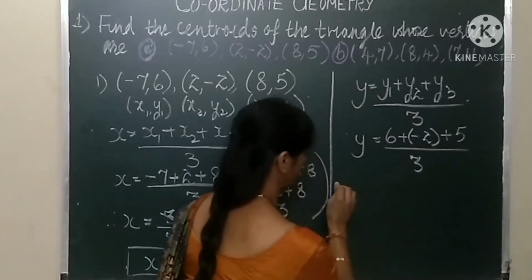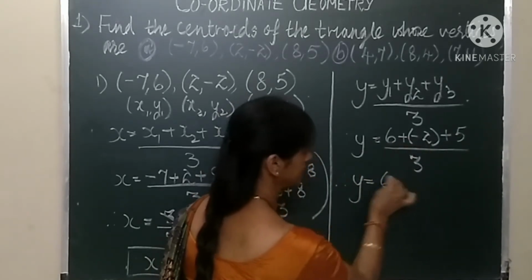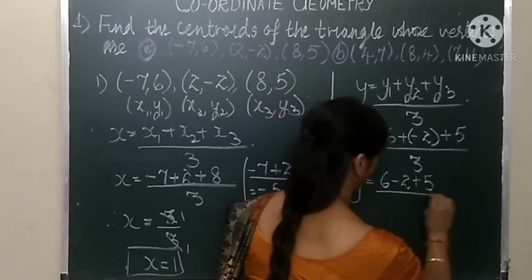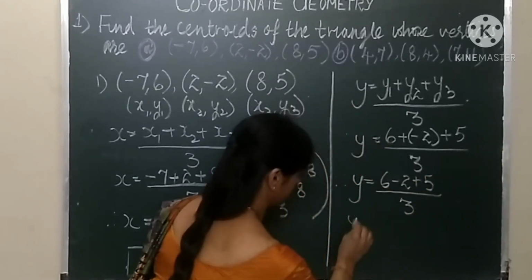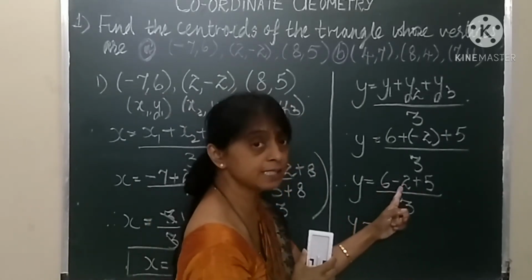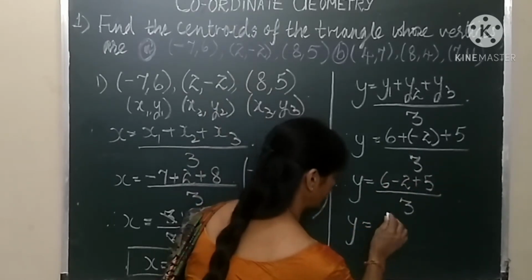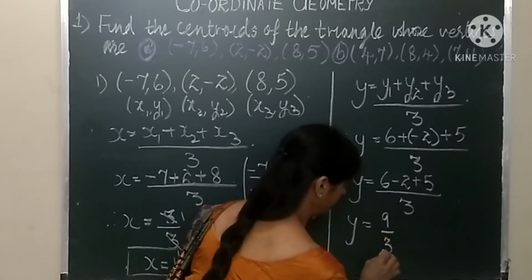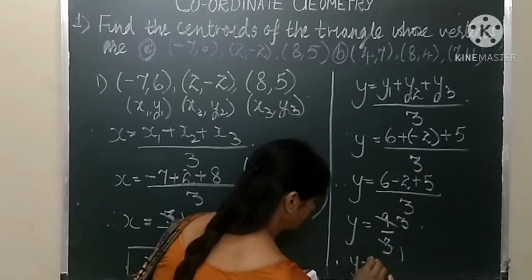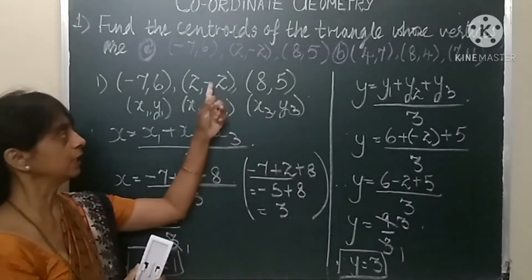To move on with the calculation part, y is equal to 6 plus into minus gives us -2, plus 5 upon 3. The next step, let's calculate what we get in the numerator. 6 minus 2 gives us 4. 4 plus 5 is equal to 9 upon 3. So 3 threes are 9. Therefore, y is equal to 3. So thus, we have got the y coordinate for the centroid.